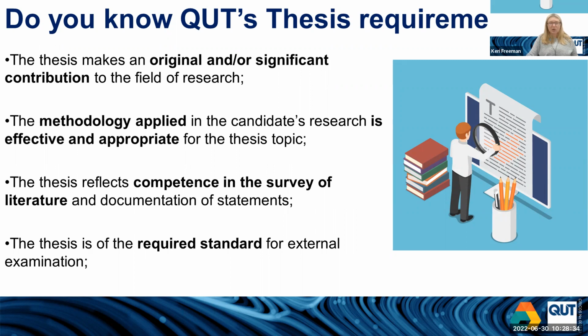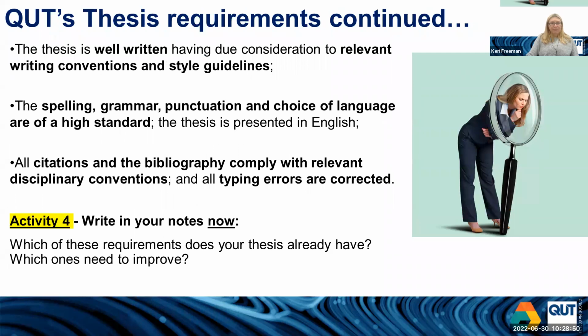But just to jog your thoughts and have a think, is there anything of these points that you think, okay, this is something I need to work on a little bit to get where it needs to be? And just pop that into your reflection. Maybe you need to go and double check that you've adhered to your referencing style. Maybe your lit review needs a bit more strengthening.